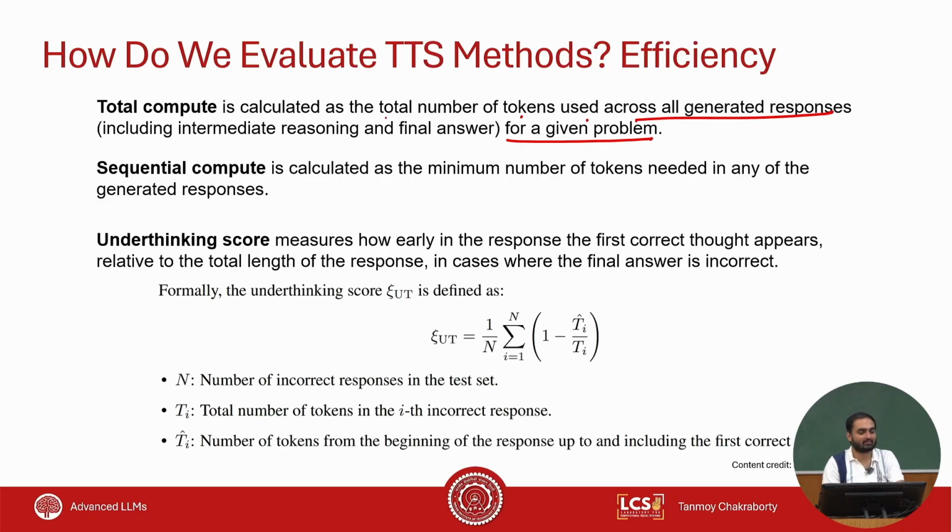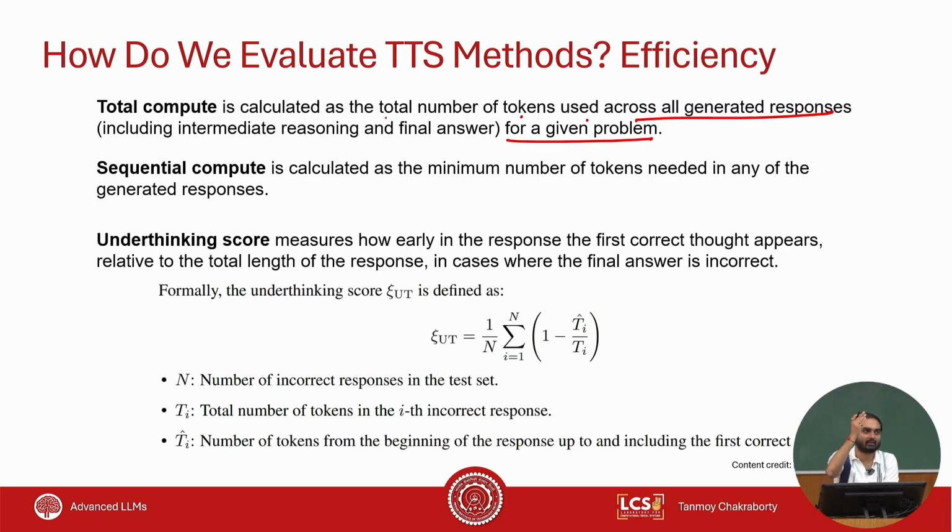Okay, the next one is very interesting. It is called the underthinking score. What is the underthinking score? I'll discuss this formula later, but first understand the intuition. The intuition is that you start by considering only those reasoning traces which are incorrect, right? You do not look at the correct responses, you look at incorrect responses.